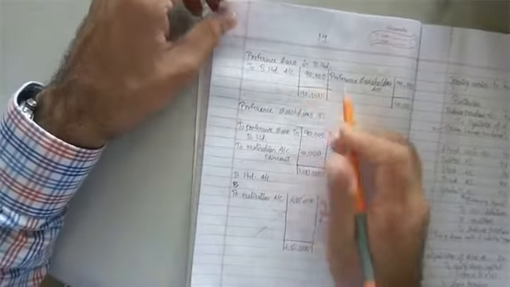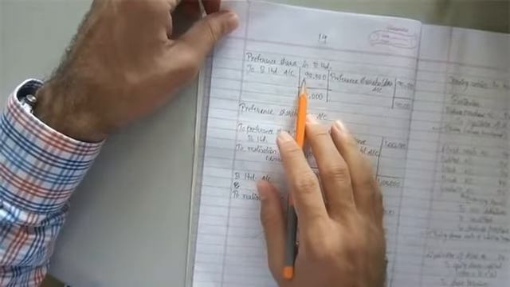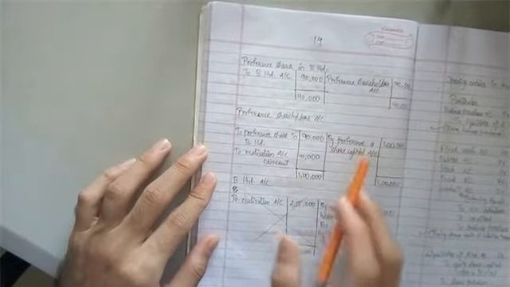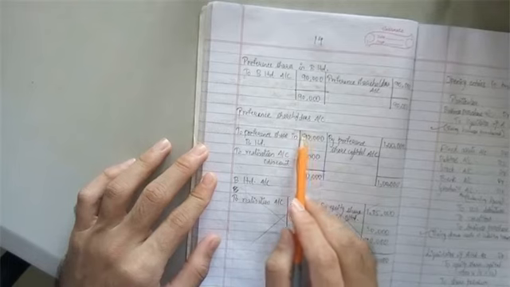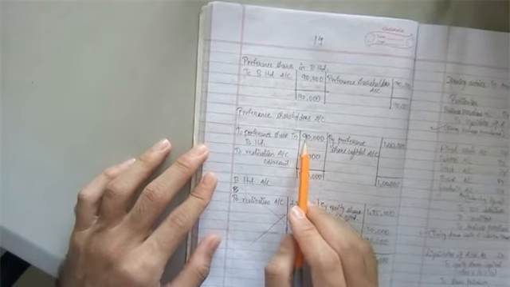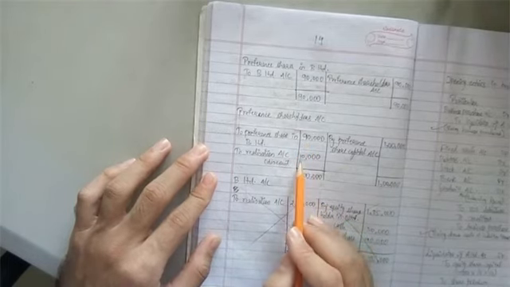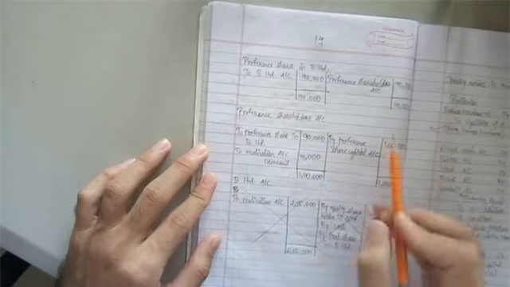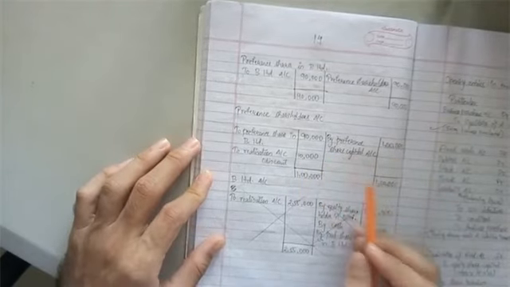Next is preference shares in B Limited 90,000 to preference shareholders account 90,000. In the preference shareholders account, we have settled in a lump sum of 90,000. We have taken a discount of 10,000 here. So preference shares 1 lakh, and here 90 and 10. So this was all the accounts.